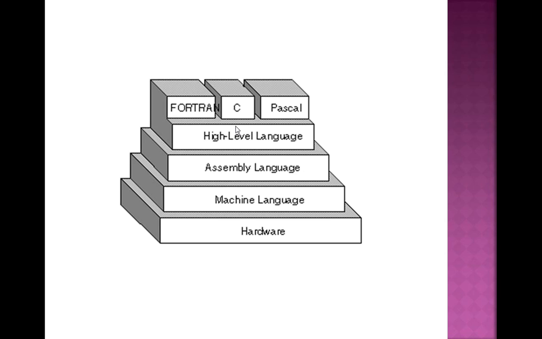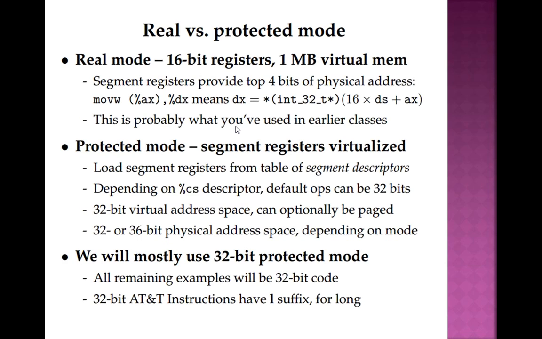This is the diagram of different programming languages like machine language, assembly language, and high-level languages, that is C, Fortran, Pascal. Next, we also talked about an overview of assembly language, why we use assembly language, and how we can interpret it.